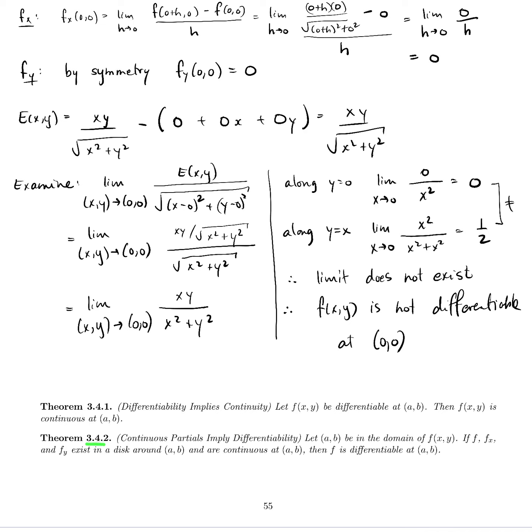Next, theorem 3.4.2, often stated as continuous partials imply differentiability. That tells us here that if AB is in the domain of f of xy, and if f sub x and f sub y exist in a disk around AB and are continuous. So that's what we didn't have up here.